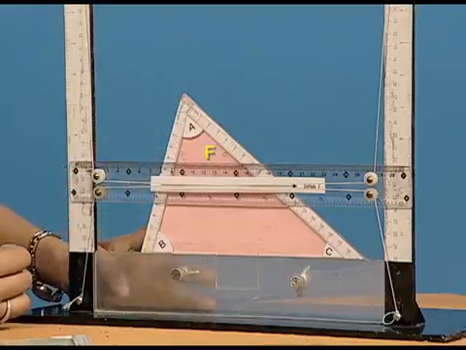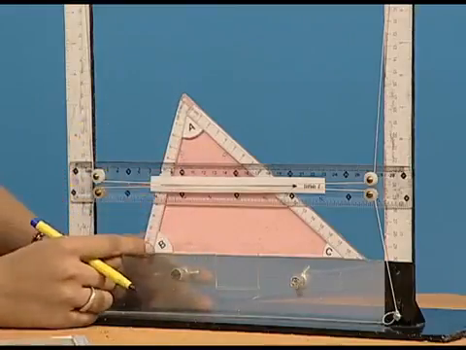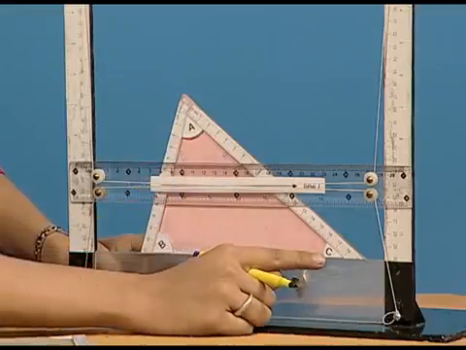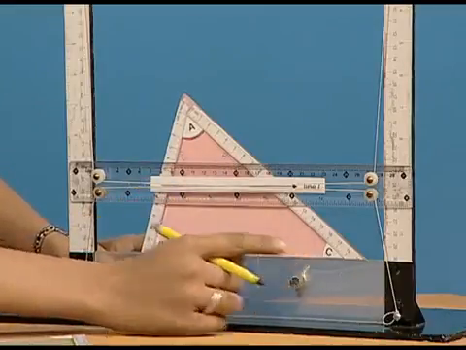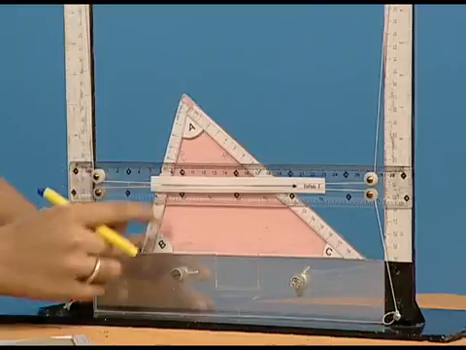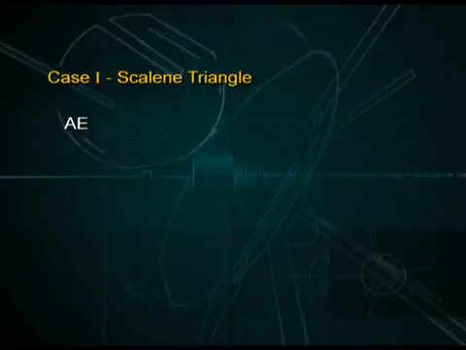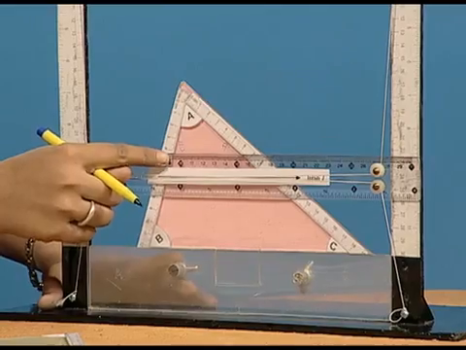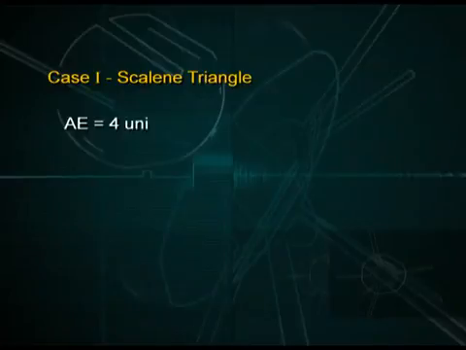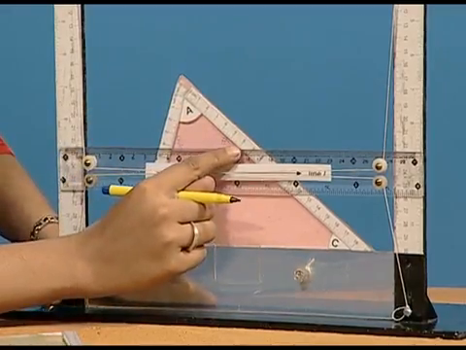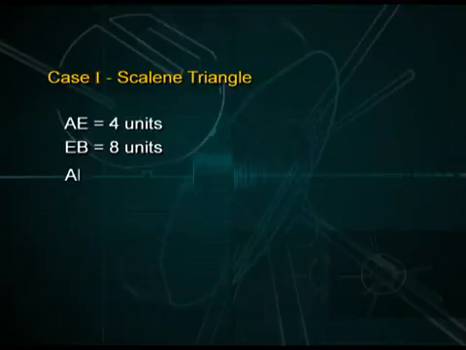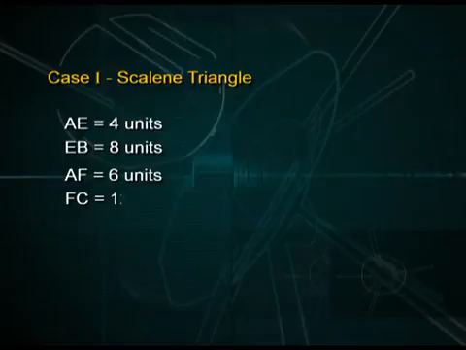Now we have to see whether AE by EB and AF by FC are the same or not. On measuring AE, EB, AF and FC, we can see that AE is 4 units and EB is 8 units. Similarly, AF is 6 units and FC is 12 units.